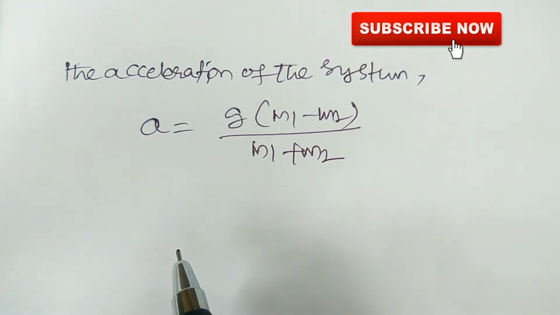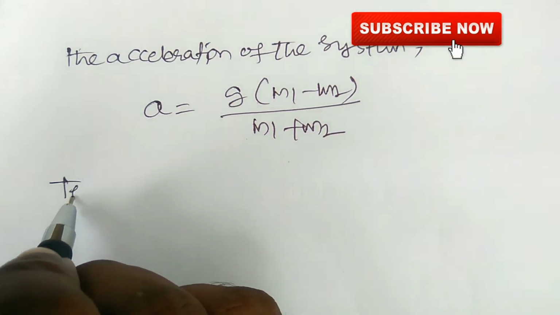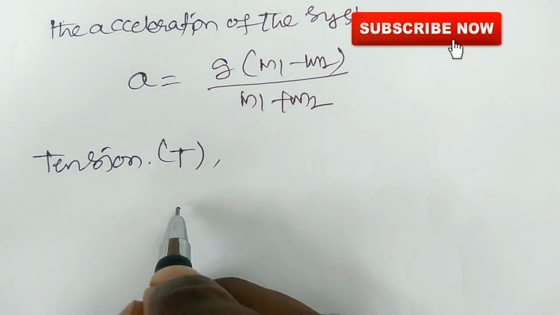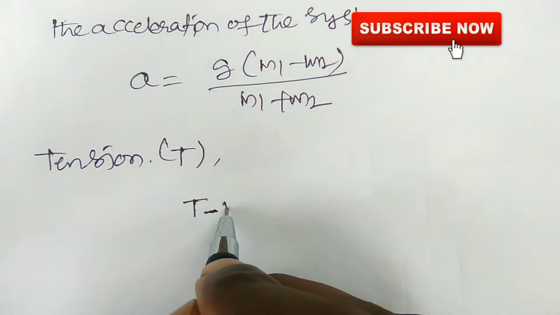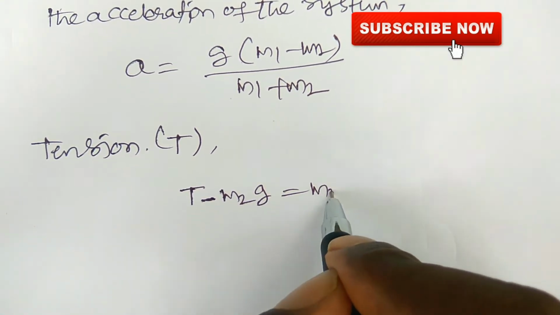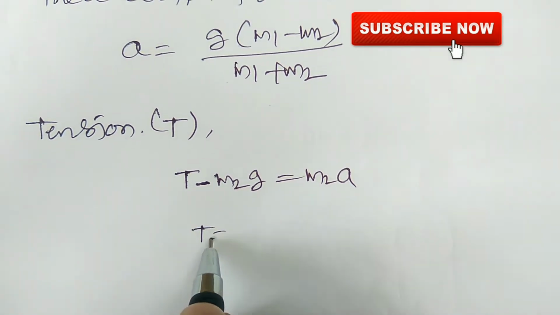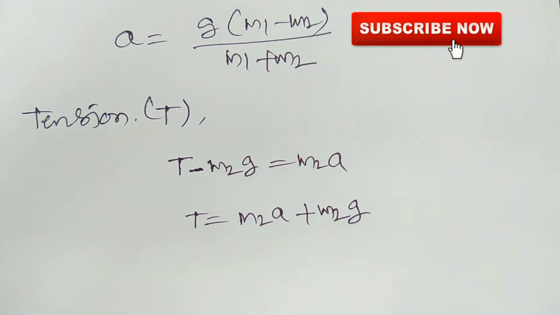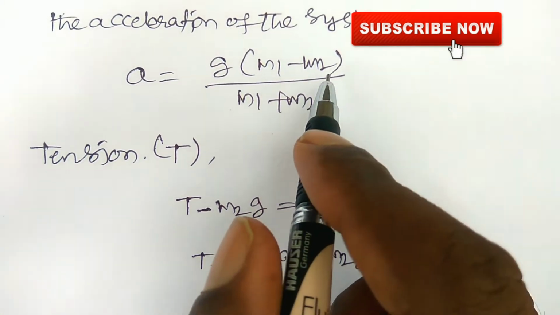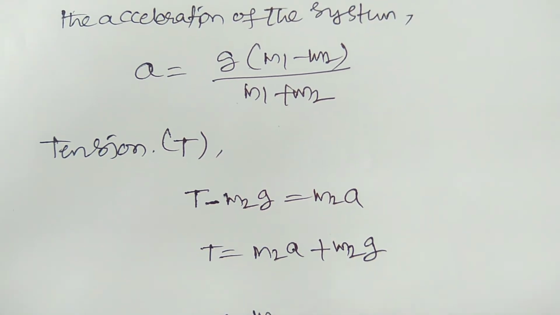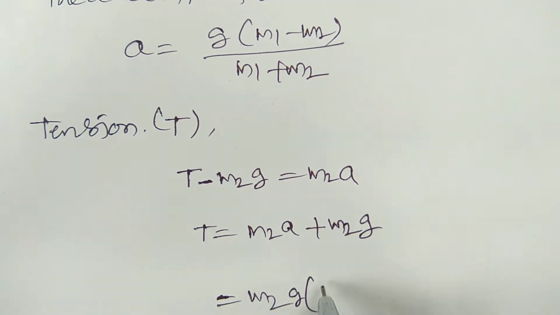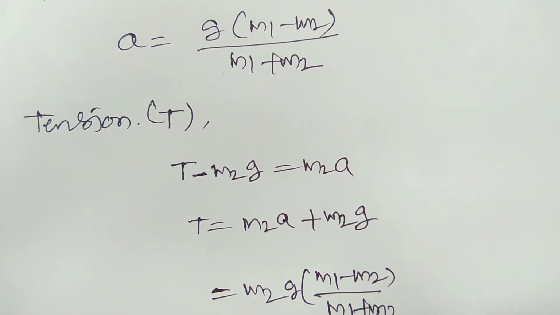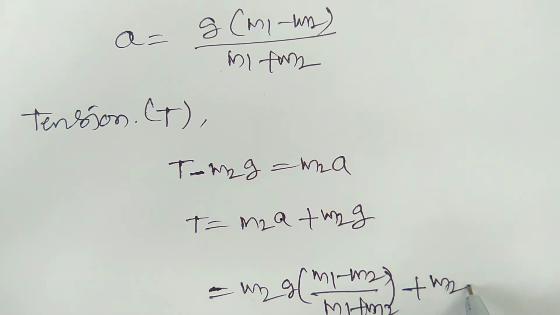Now we need to find the tension in the string. Using the second equation, T minus m2g is equal to m2a, so T is equal to m2a plus m2g. The value of a we already derived, so m2 into a is m2 times g into (m1 minus m2) by (m1 plus m2), plus m2g.